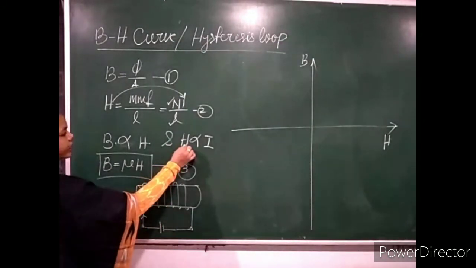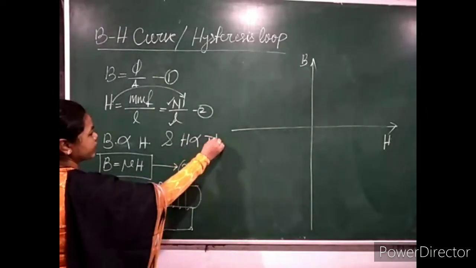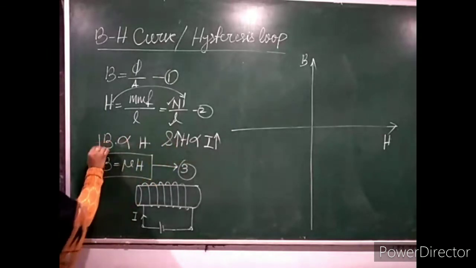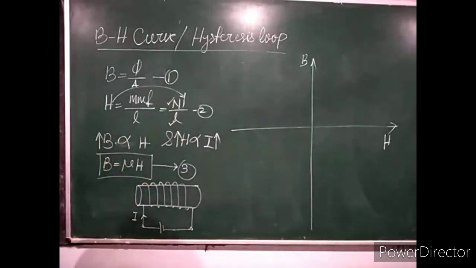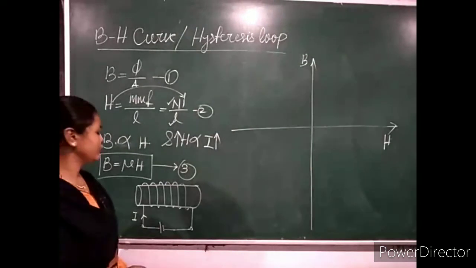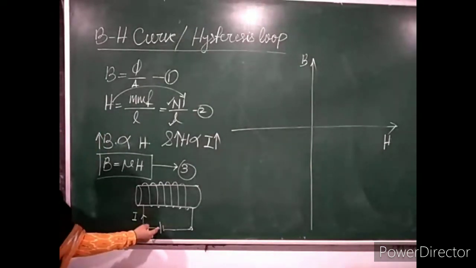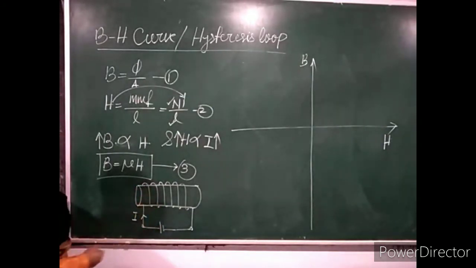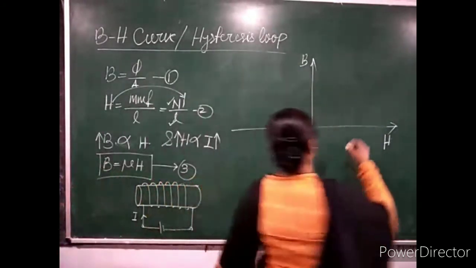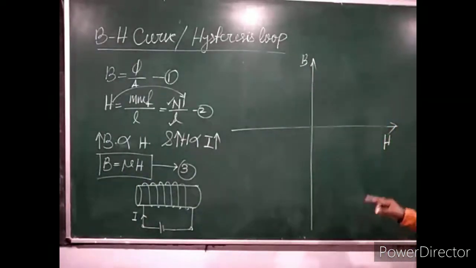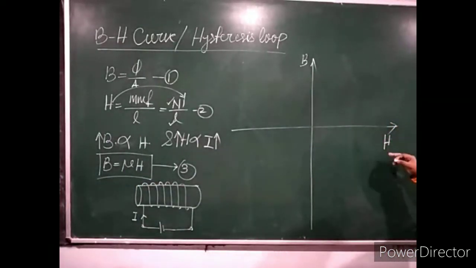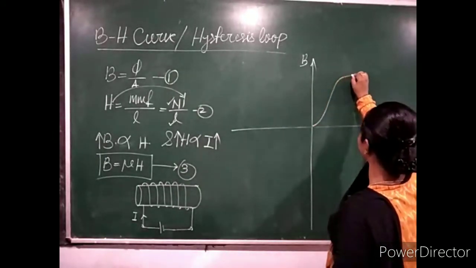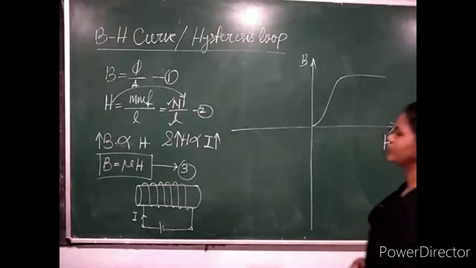As H is directly proportional to I, when current increases, H increases. When H increases, flux density also increases. So in this direction, when current increases, flux density increases with respect to flux intensity. So your graph becomes like this. After some time you get saturation of the curve.